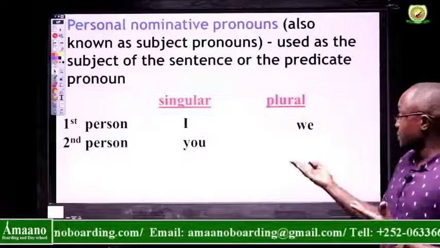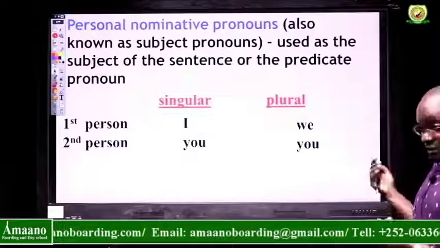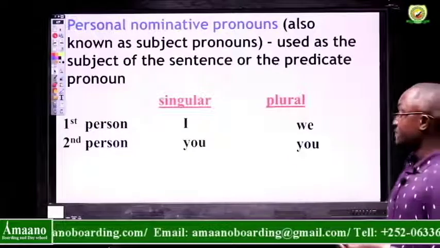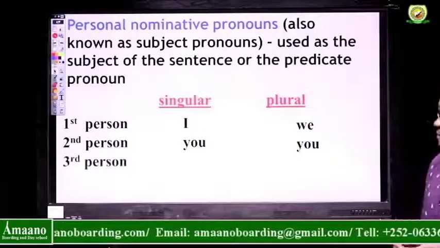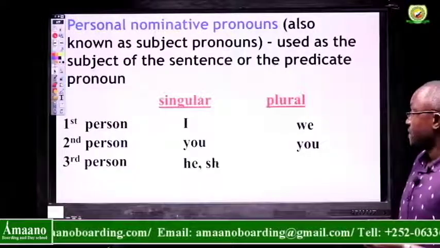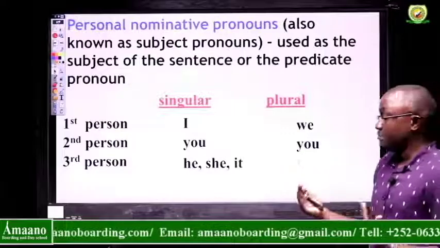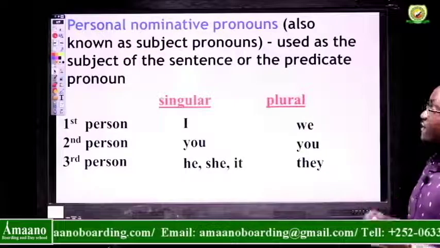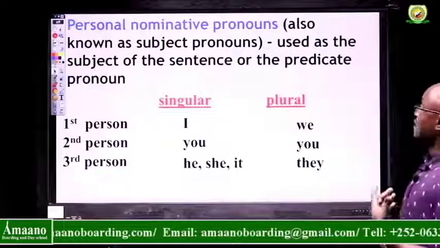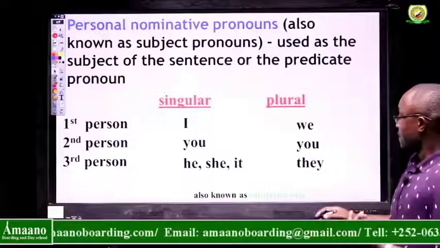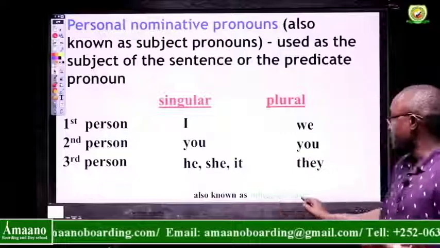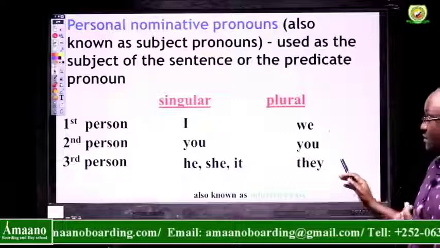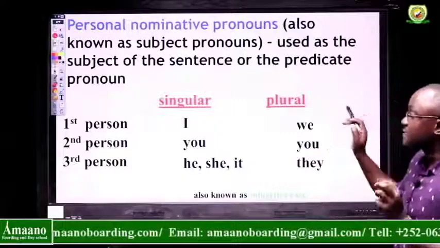Second person, you, and you remains you. Third person, he, she, and it, and they in plural. Okay, so let's move to the next one. These ones are known as subjective cases. That's why I talked about them as subject pronouns.